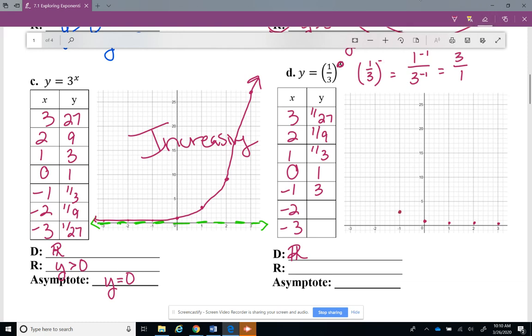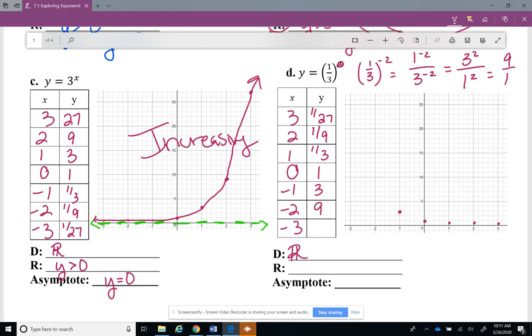All right, now we're going to do it to the -2. So we're going to do 1 to the -2 over 3 to the -2. Don't forget your numerator and your denominator are both to the power of -2. So we're going to switch them, and we're going to have 3 squared in the numerator and 1 squared in the denominator. So we'll have 9/1.